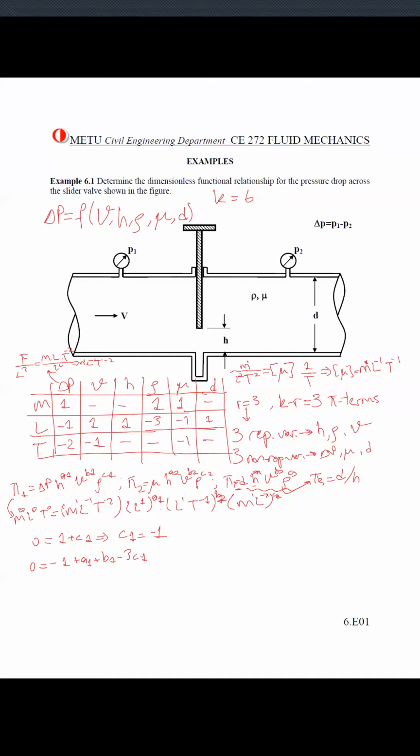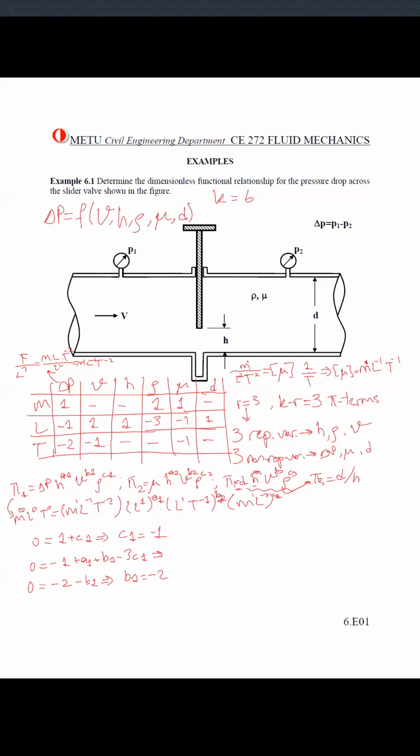And let's go through T first. For T, we have 0 on the left-hand side equals minus 2 minus B1. This gives us B1 equals minus 2.